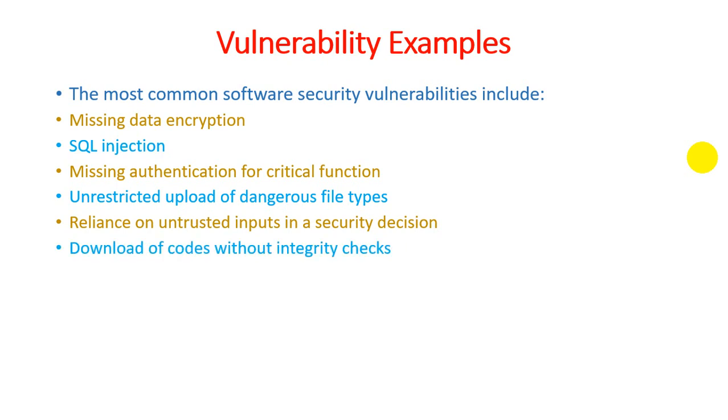Next one, download of code without integrity checks, because nowadays we are using lots of code available on GitHub and we do not think about whether it is secure or not. But because of using that kind of free code available in the market, if we download it without having antivirus on our computer system, it is really dangerous or harmful for our computer system as well as our private data.